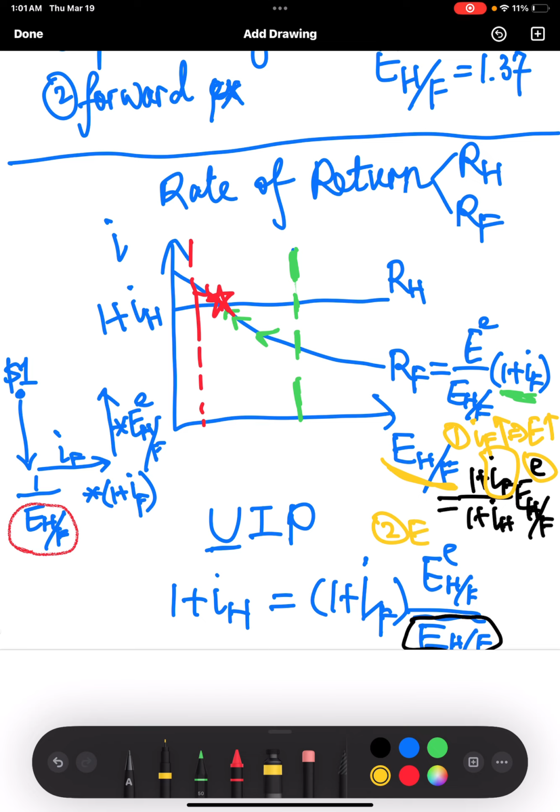So when expected depreciation is given, your currency today will depreciate. This intuition is kind of funny, so we will take some extra time to explain it tomorrow. Hope that's clear.